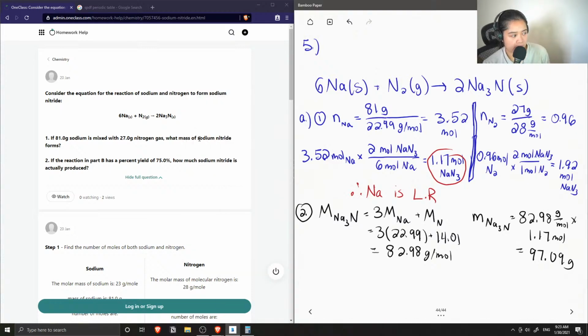Okay, so part 2 says if the reaction in part B has a yield of 75%, how much sodium nitride is actually produced?